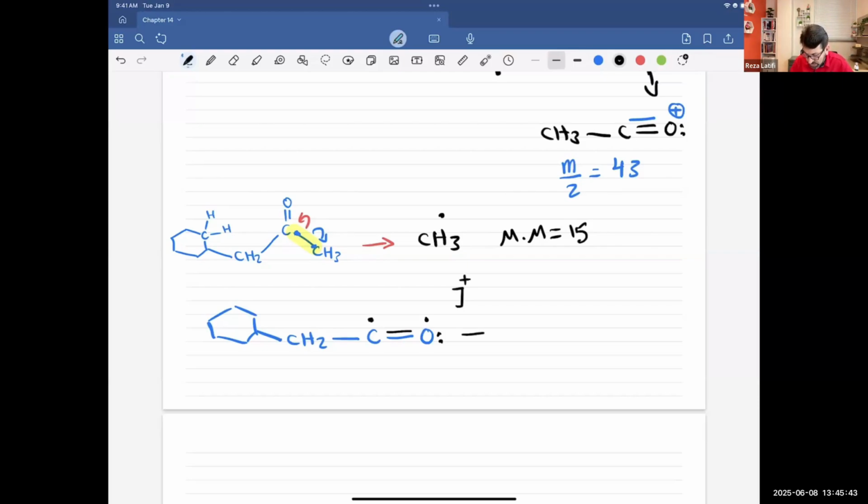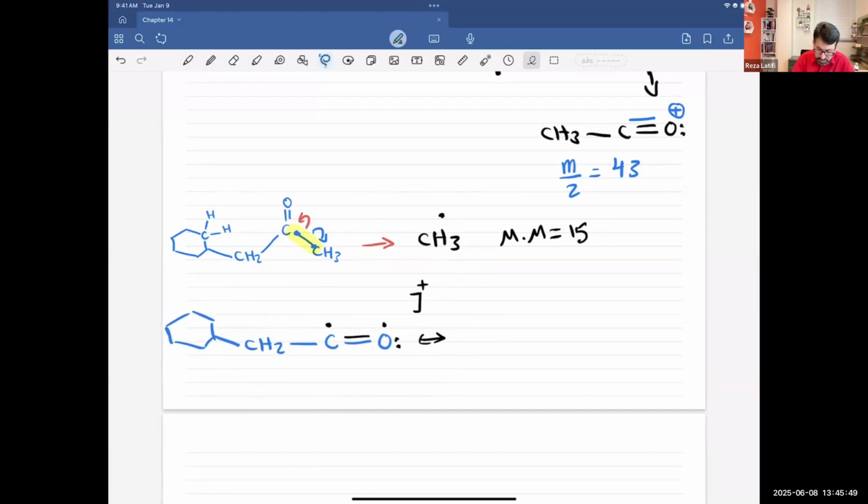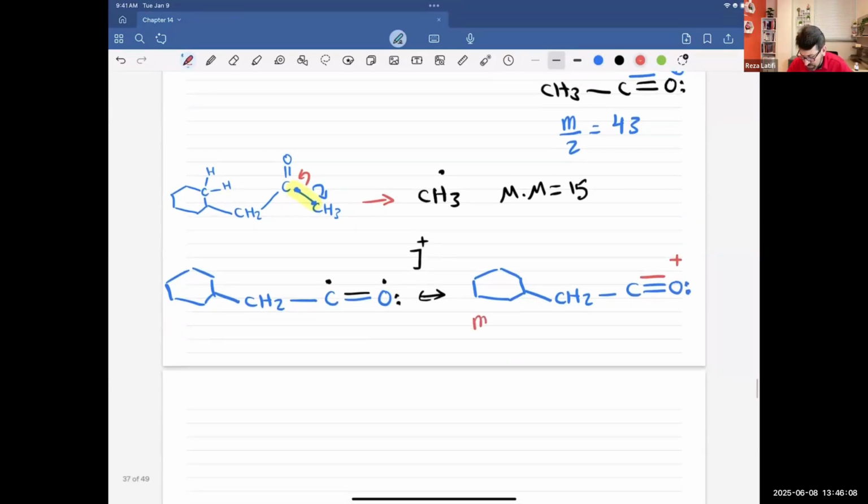And it will go through rearrangement, and that rearrangement will give us such a molecule. And oxygen has a positive charge, and the M over Z for it is 125.